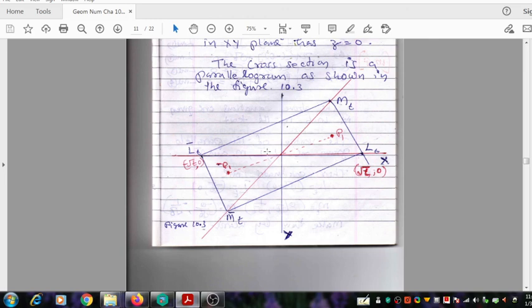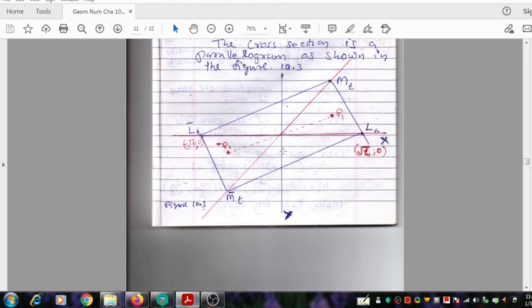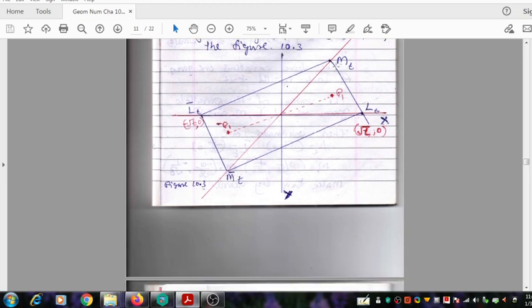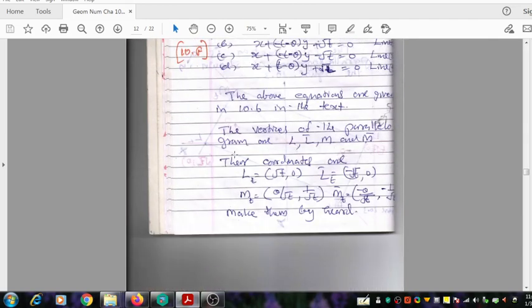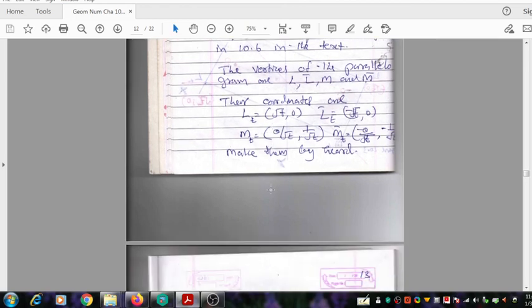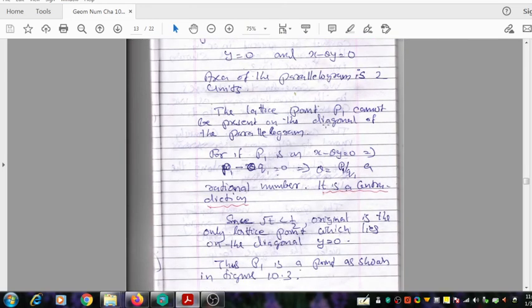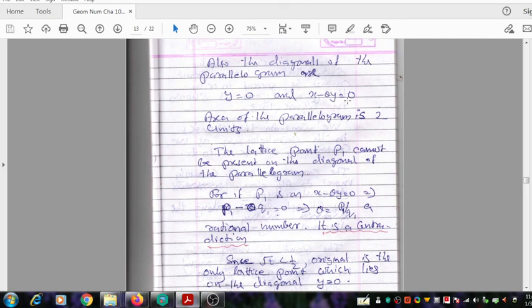The diagonals are colored with red, and this line, as it is the x-axis itself, its equation is y equal to 0. But the other diagonal can be given after knowing the coordinate values of the points MT and M bar T. You can easily write the equation of that diagonal, that is x minus theta y equal to 0.